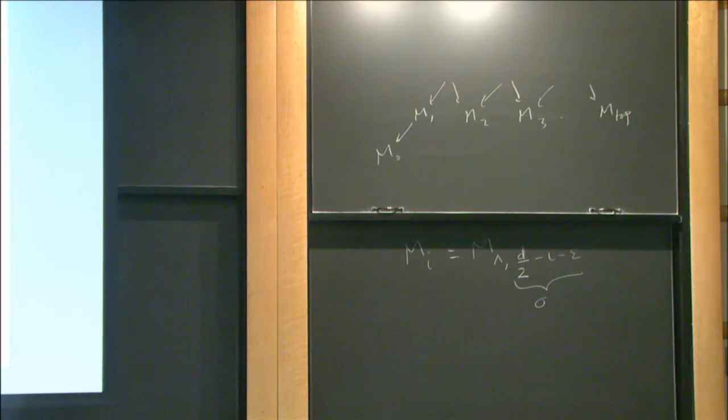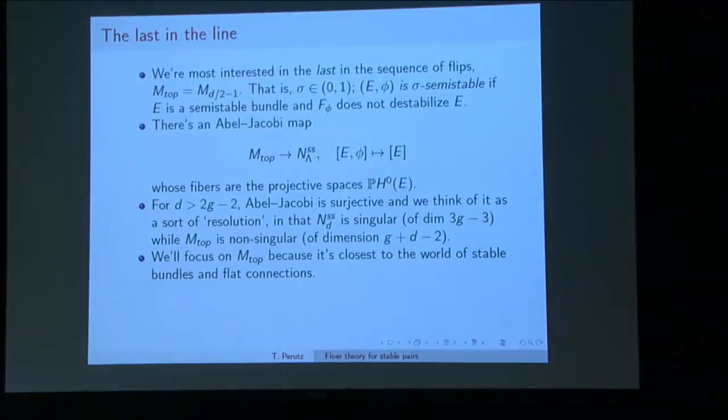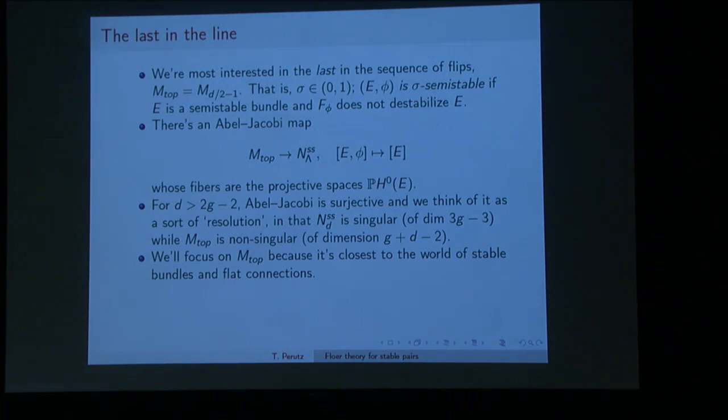And F phi, this line subbundle that contains phi, does not destabilize it. So it's a semi-stable bundle, so it might be strictly semi-stable. And in which case it has some destabilizing line subbundle, but that one is not allowed to contain phi.